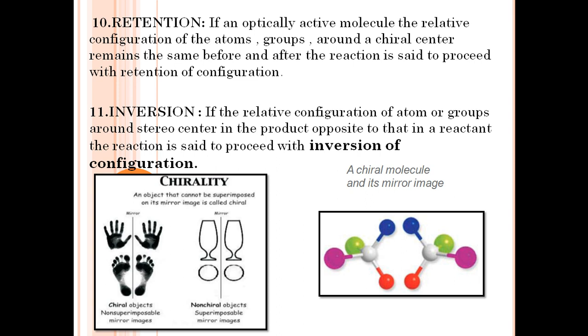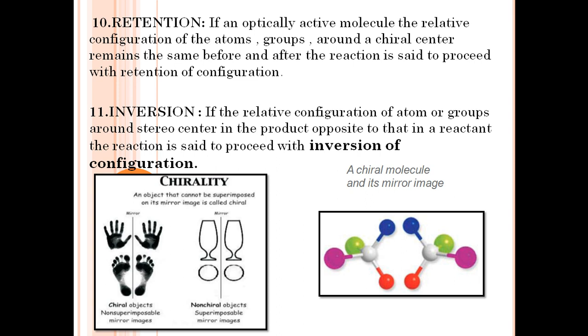It remains the same in reactant as well as in product. Inversion. If the relative configuration of atoms or groups around the stereo center in the product is opposite to that in the reactant, the reaction is said to proceed with inversion of configuration.